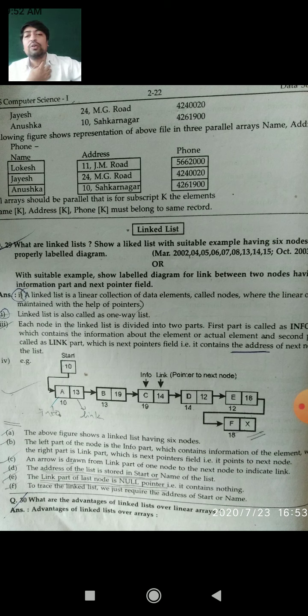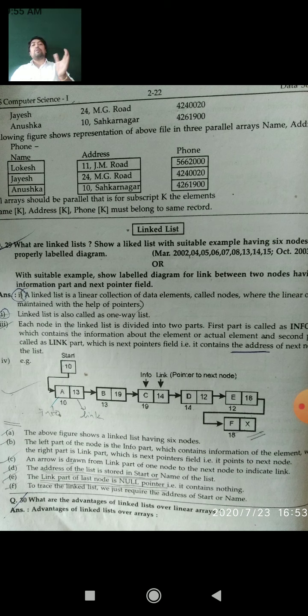Now look at the third point, which explains the detail about the node. The third point explains that each node in the linked list is divided into two parts. In the first point we explained why we use a node: for representing a data element in a linked list we use a node.